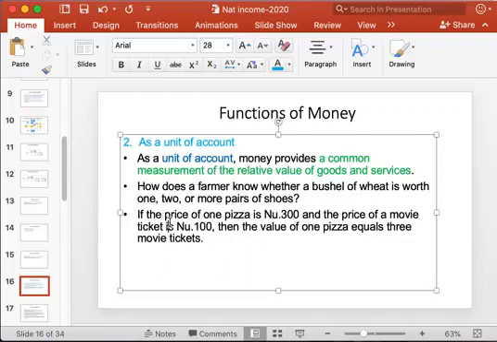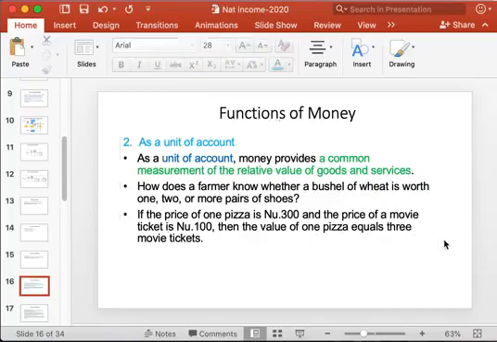So for example, here you can see if the price of one pizza is Newton 300 and the price of a movie ticket is 100, then the value of one pizza is equal to 3 movie tickets.